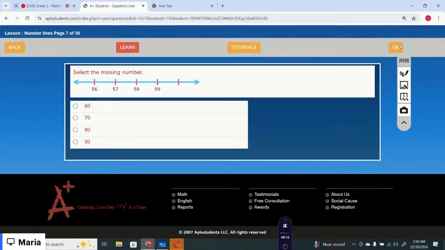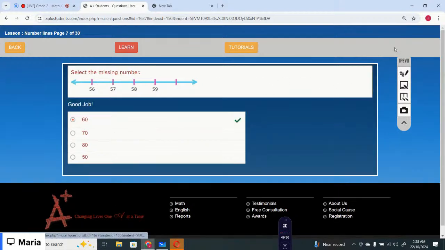Select the missing number. So which number is missing? That is 60. The missing number is 60.